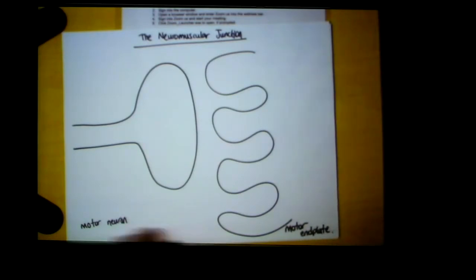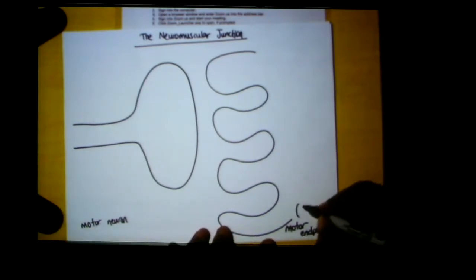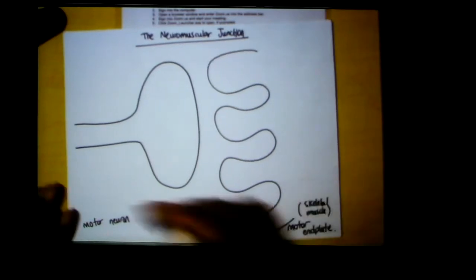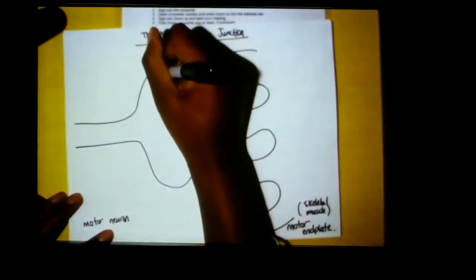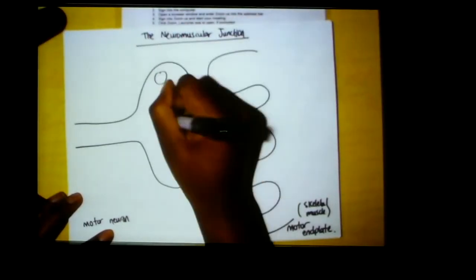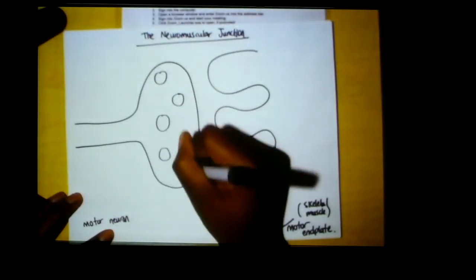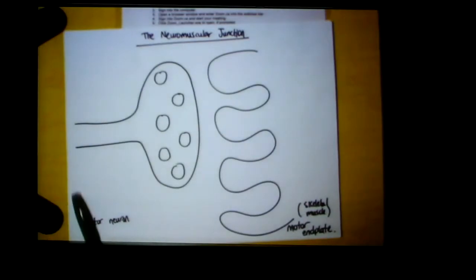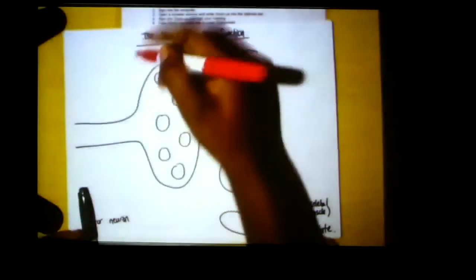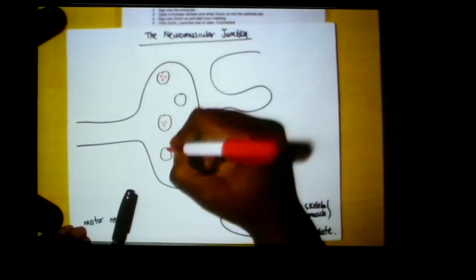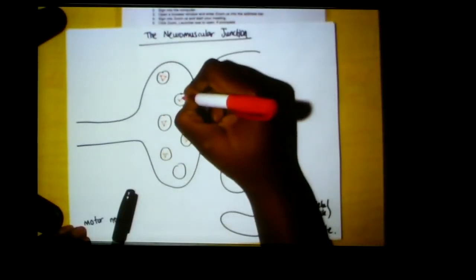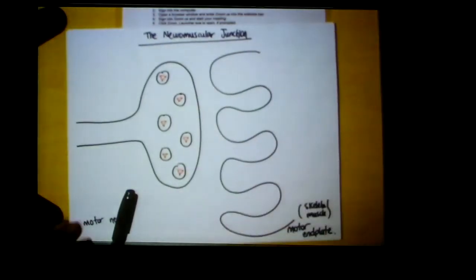I'll put in brackets here skeletal. All right, so in this axon terminal, we have our very same scenario. So we have vesicles and we have neurotransmitters stored in these vesicles. What is the neurotransmitter here in question? Acetylcholine, right? Only acetylcholine.